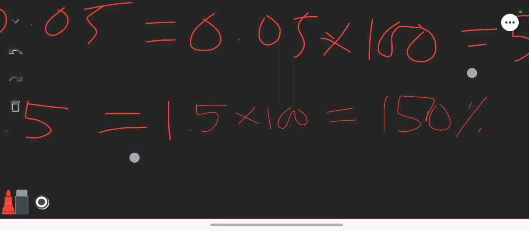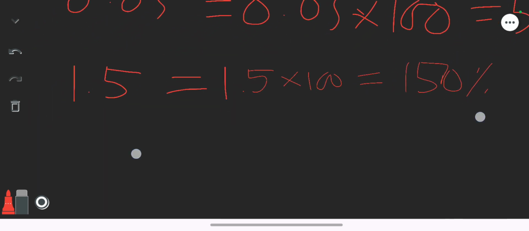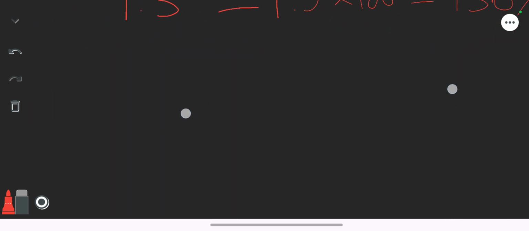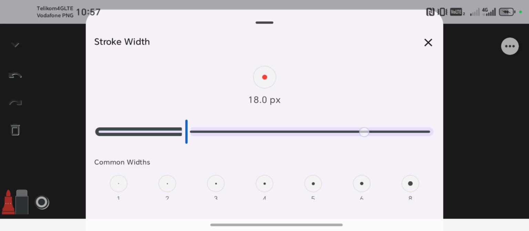And finally, let's look at how we can change a percentage back to a fraction again. So to convert a percentage back to a fraction, again, a very simple rule you have to apply, a very simple formula here.